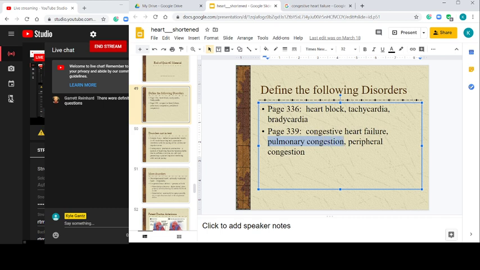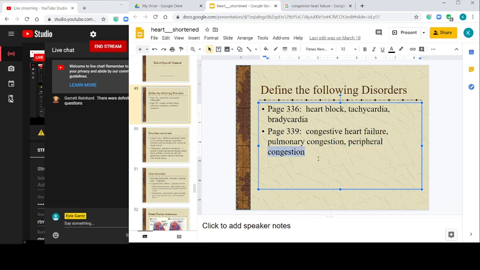Blood's going to kind of stay in the lungs. Then we tend to have maybe some plasma that slips through and fills the lungs full of fluid. If the right side of the heart isn't pumping well, we're not going to get blood pushed to the lungs very well, but then as a result, we're going to get a backup of returning blood in the body. We're going to get some peripheral congestion.